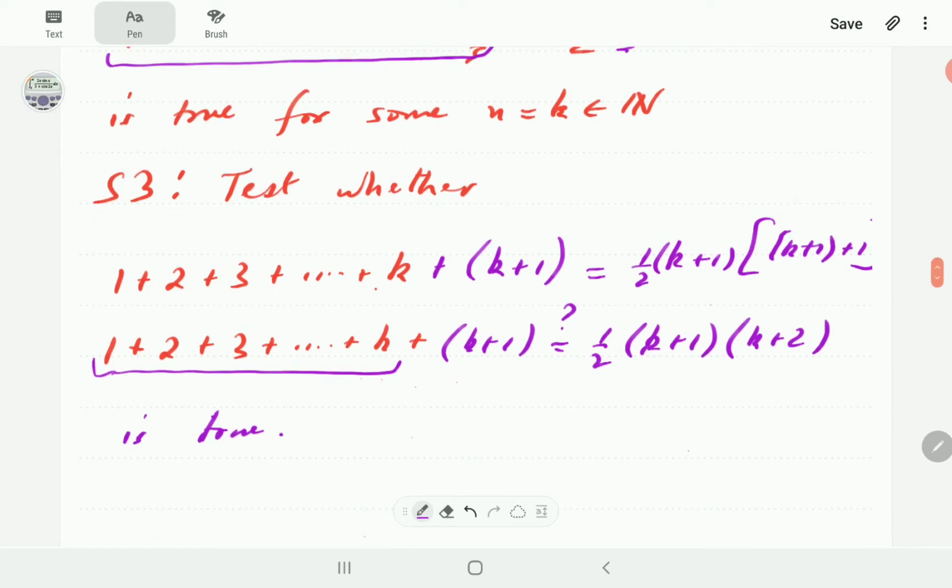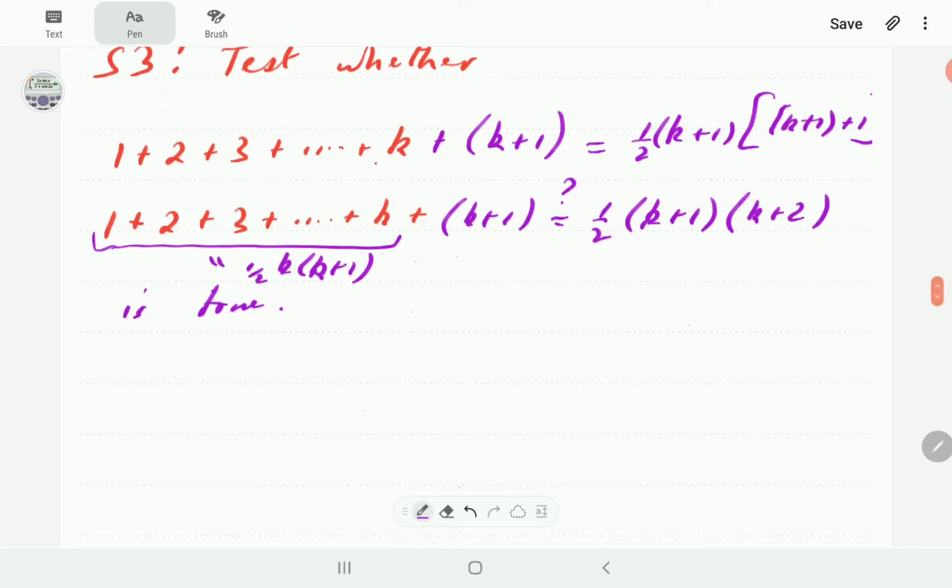And according to step 2, these terms are equal to 1/2 k times (k plus 1). And so using that, we can write the left hand side as 1/2 k times (k plus 1), then plus k plus 1.